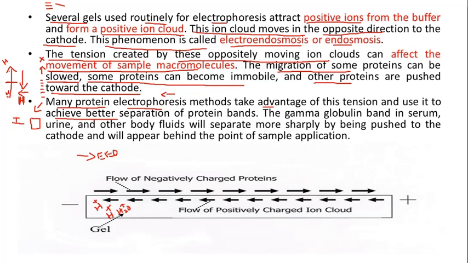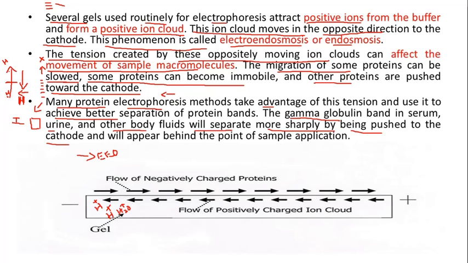An example is separating gamma globulin in serum, or from urine or other body fluids, where you can try to separate it more sharply by it being pushed to the cathode.